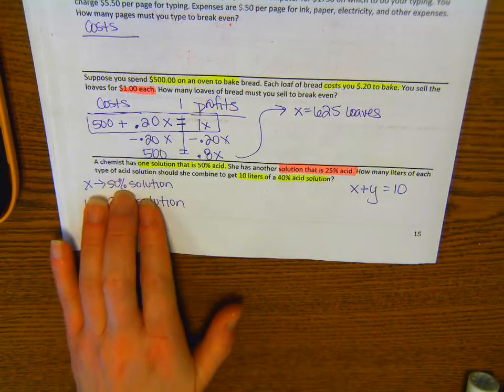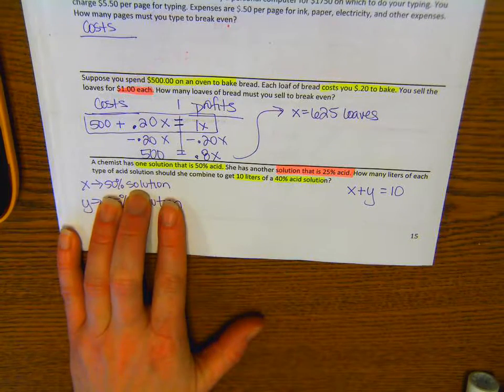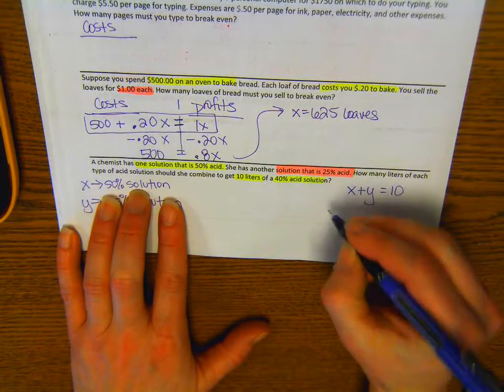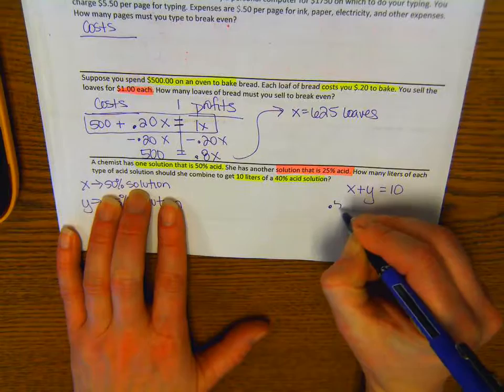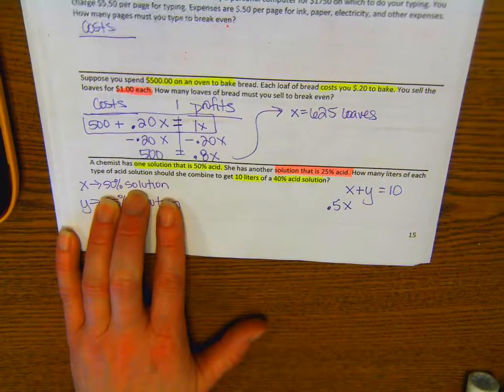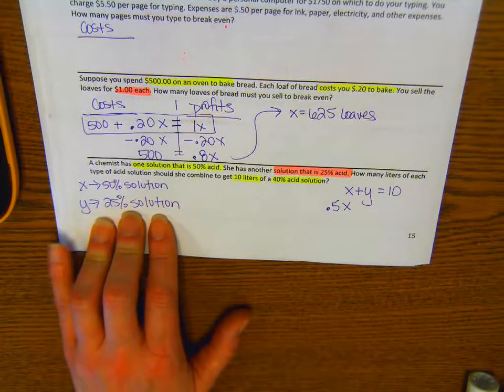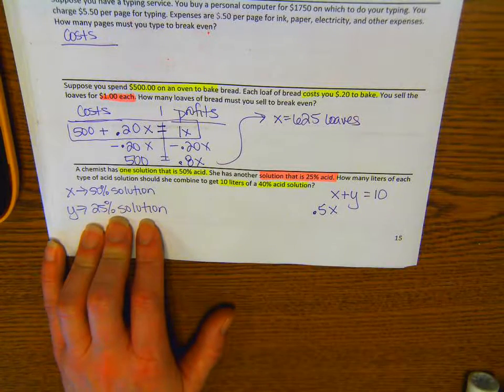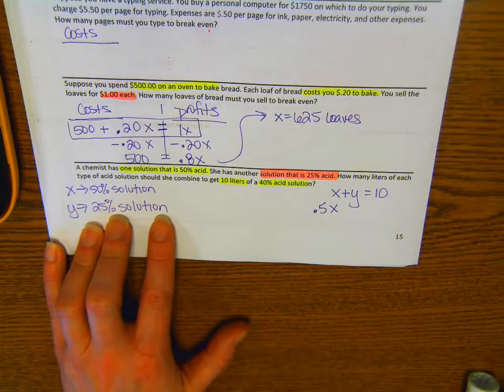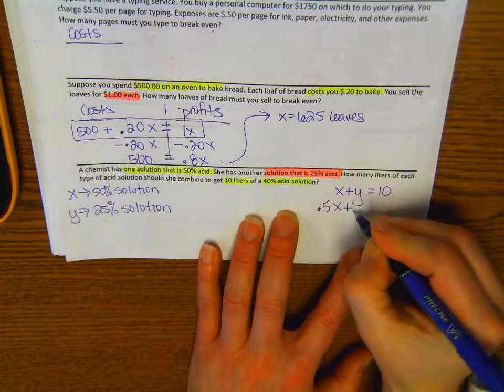So if something is 50% acid, to find out how much acid is in there, I would multiply it by 0.5. Okay? If the second solution is 25% acid, if I wanted to know how much pure acid was actually in there, what would I multiply by? 0.25.